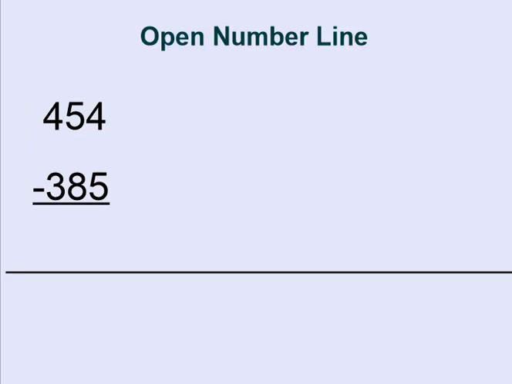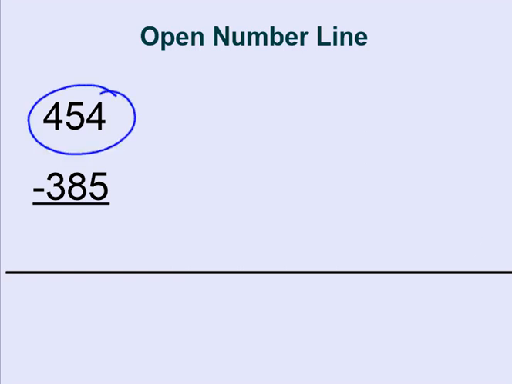And then the last strategy that they learned was to use an open number line, just like they used it for addition. So they have to remember in subtraction that they start with their bigger number and they subtract their smaller number. So they'll start with their bigger number.